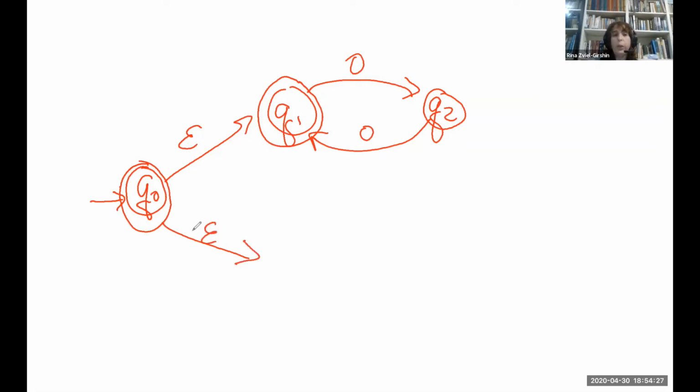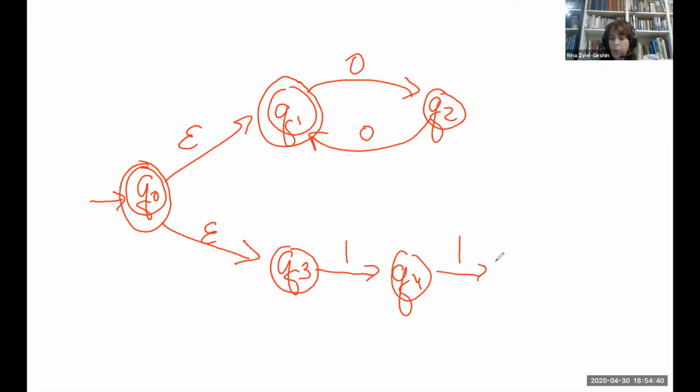I'm moving with epsilon to the state Q3, and now I am accepting exactly 2 ones. And if I get these 2 ones, then I'm moving to state Q5, which should be an accepting state.